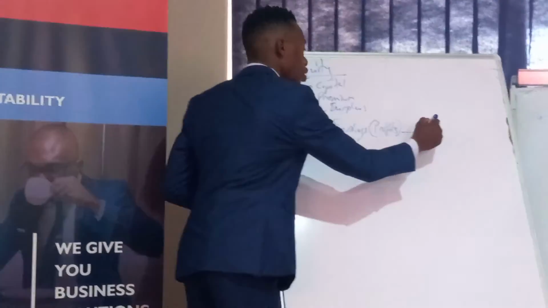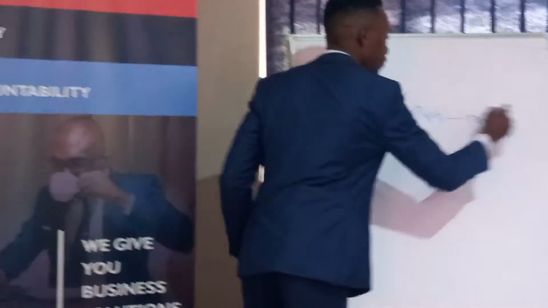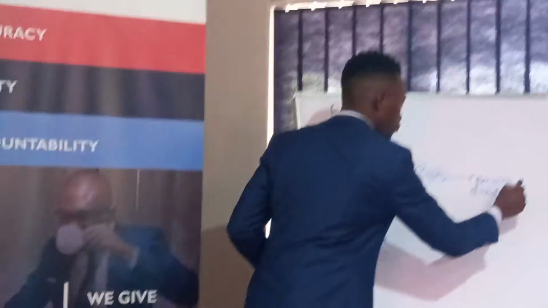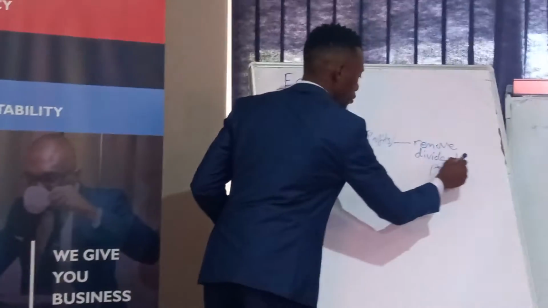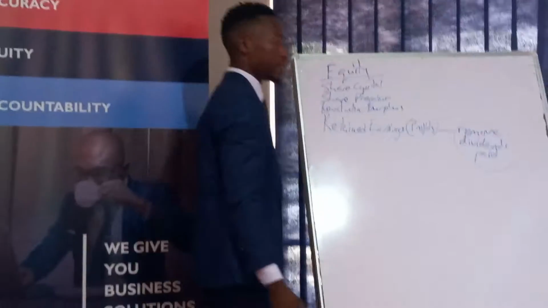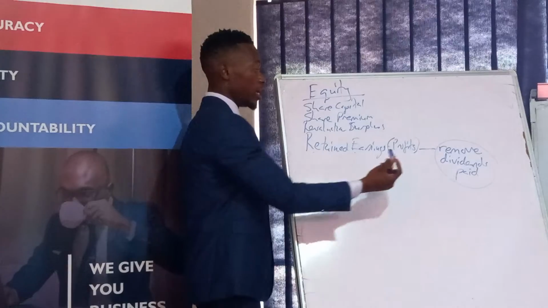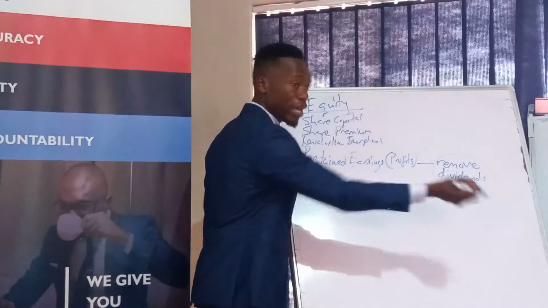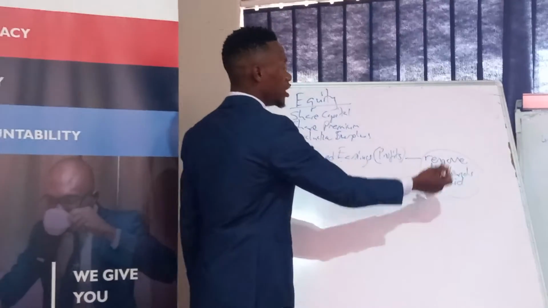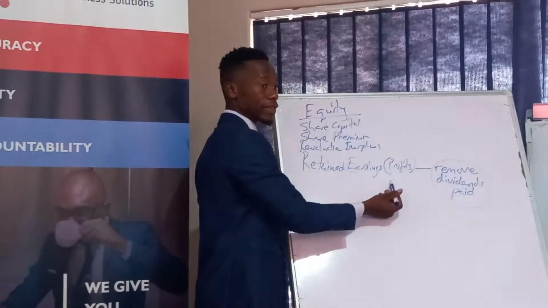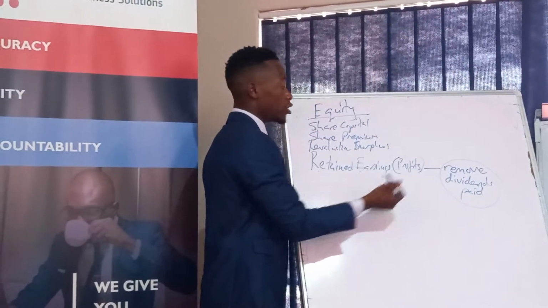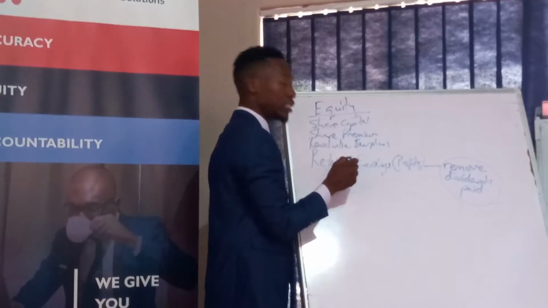So we remove the dividends paid. We remove some profits, then we pay the shareholders. So the dividends paid are removed from the retained earnings, from the profits. Therefore the dividends paid are recorded here.